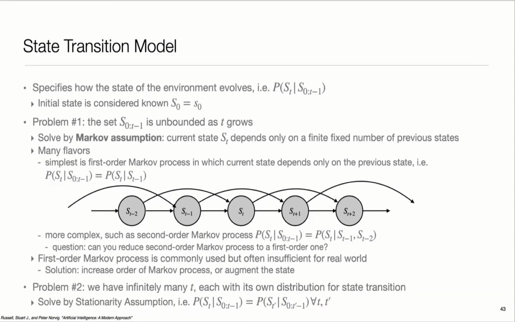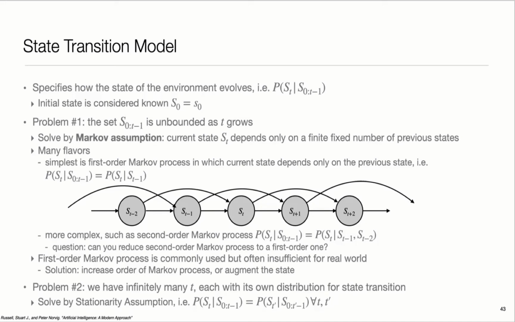The second problem that we have is that we have infinitely many t's. If for each S of t we had a different distribution, then again we'd be in trouble. I'd have zillions, an infinite number, of parameters in my model. Parameters in this case are nothing but your probability distributions.